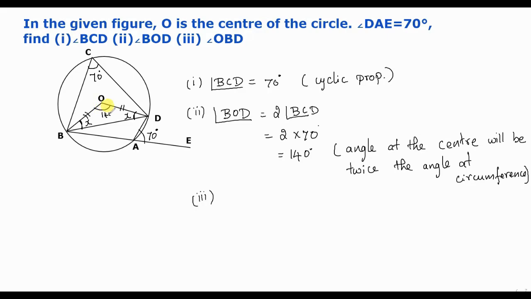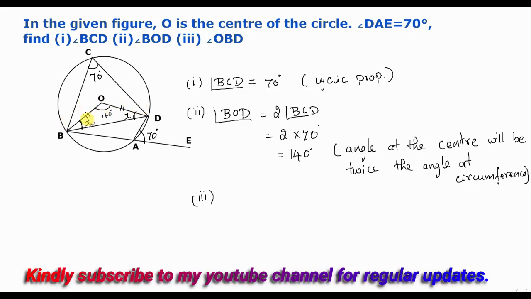Now using the angle sum property, that is, the sum of all the angles of a triangle will be 180 degrees, we can easily find the value of x. Angle OBD plus angle ODB plus angle BOD will be equal to 180 degrees.